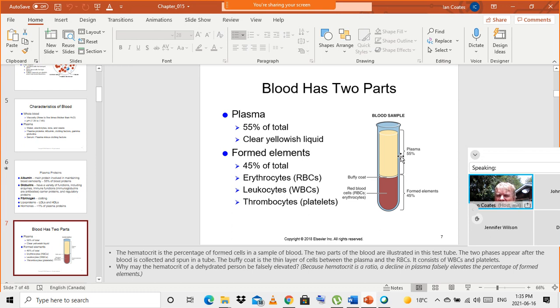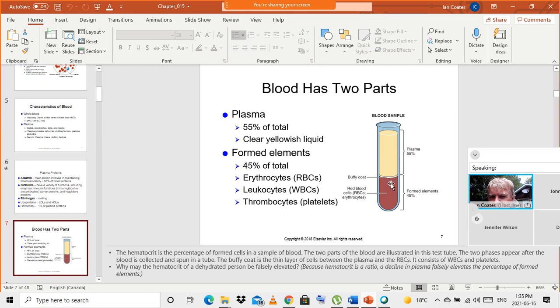And what happens is we can separate this blood. Generally, about 55% by volume is your plasma. Now, what is plasma? It's just this clear yellowish fluid that does have a whole bunch of things in it that we'll talk about.